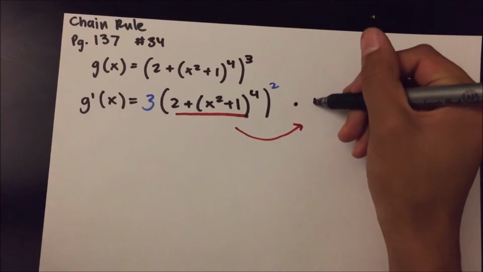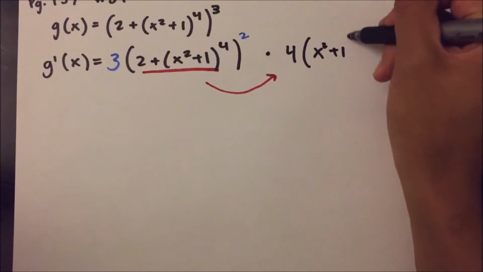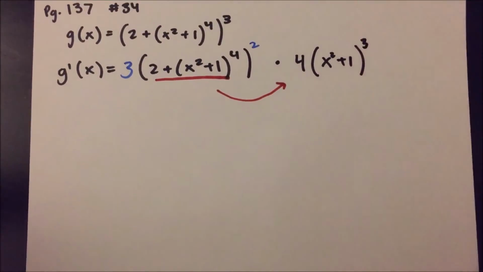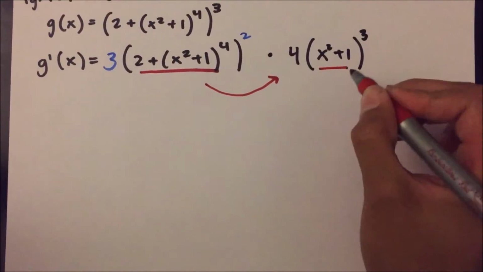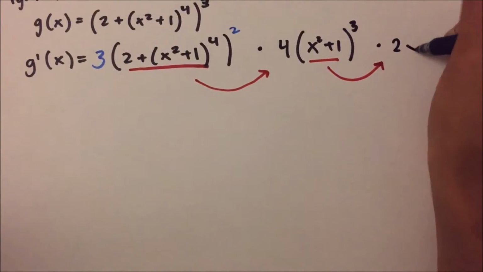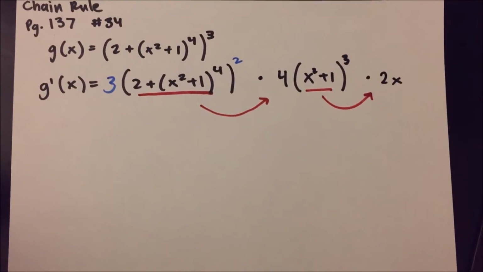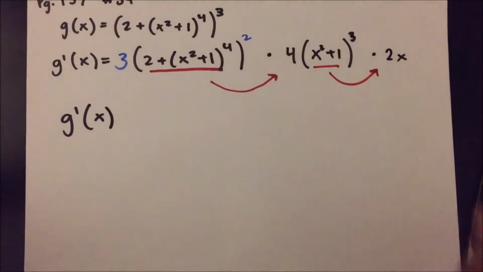bring down the 4, x squared plus 1, making this 3. And you also have to find the derivative of this, which basically is 2x. Now, all we have to do now is just simplify.